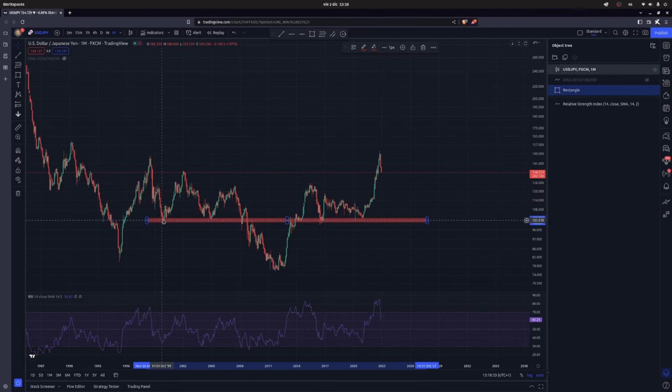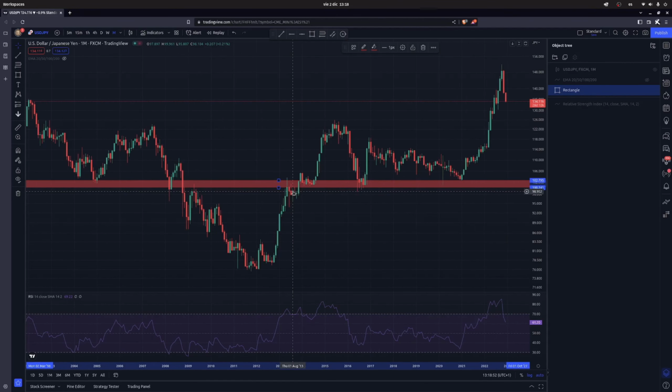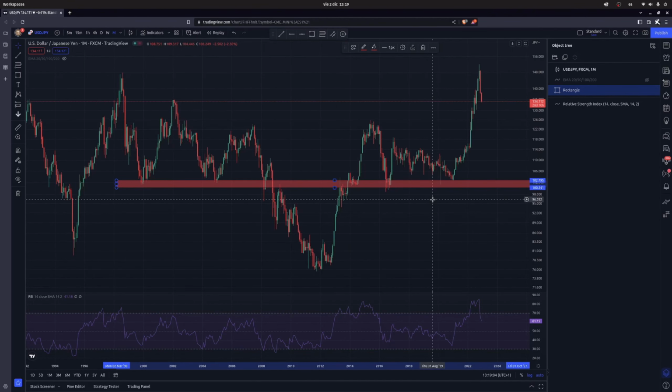Because in this area we had several rejections and it acted here as support, here again, here, and here we broke through and it acted as resistance one time, two times, with multiple candles here rejecting this level, and it acted again here as support, right? So, a key support level.